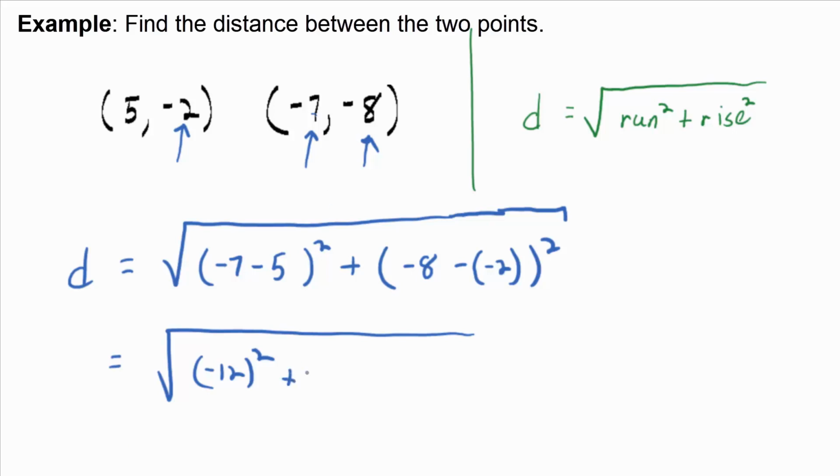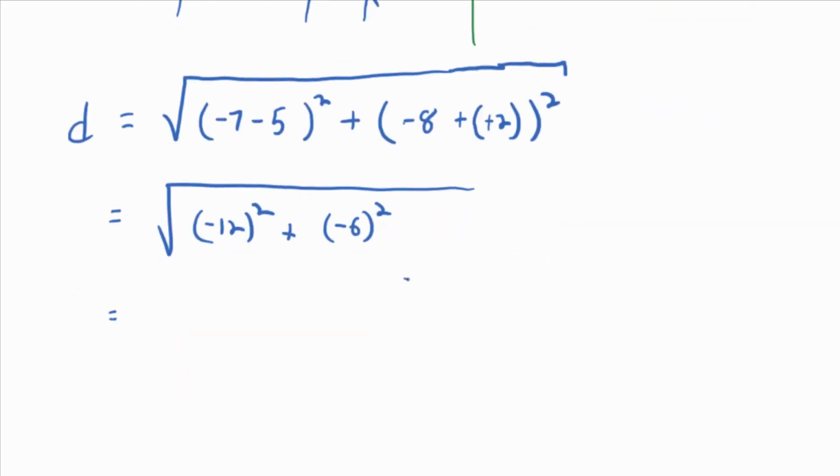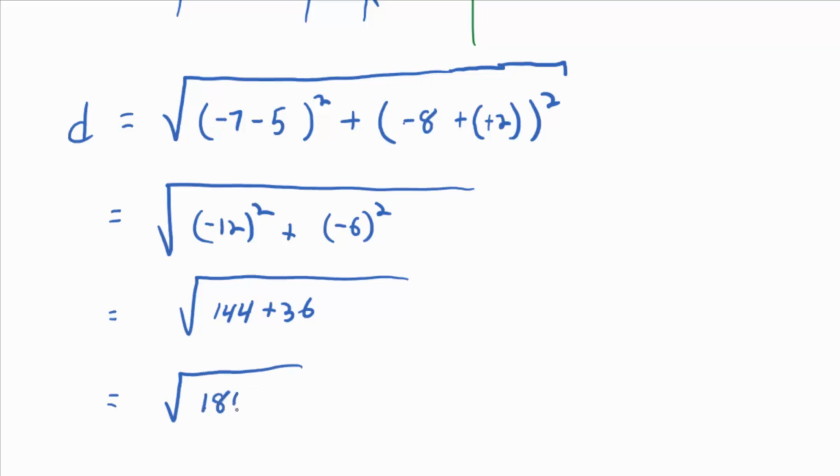Okay, and then plus what? -8 plus 2, right? So -6 quantity squared. Yeah? Okay, and so we get the square root of 144 plus 36. What's 144 plus 36? 180. All right, let's see if that simplifies a bit.